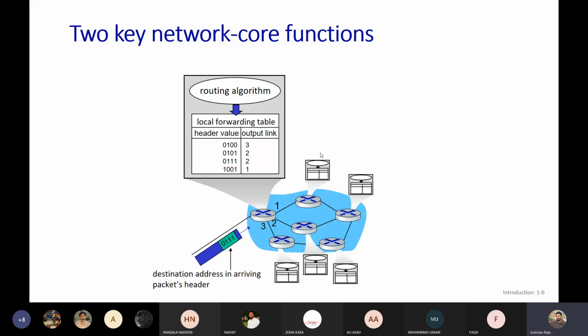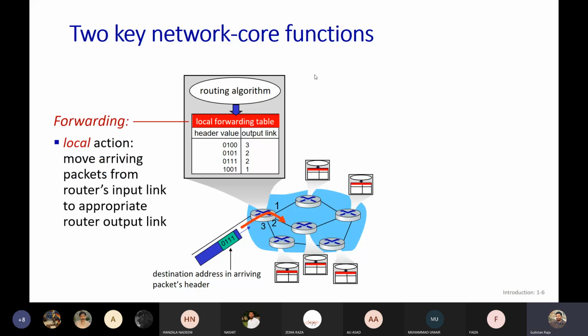Now let me explain this. So look at this. We call this as forwarding table. This table which you are seeing. Look at this red color. Local forwarding table. Why we call it local? Local means that this table is present within a router.